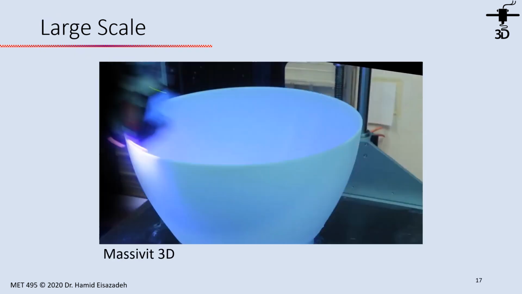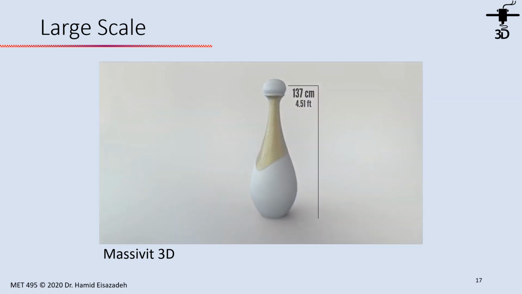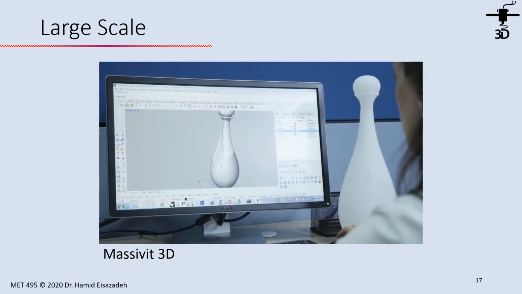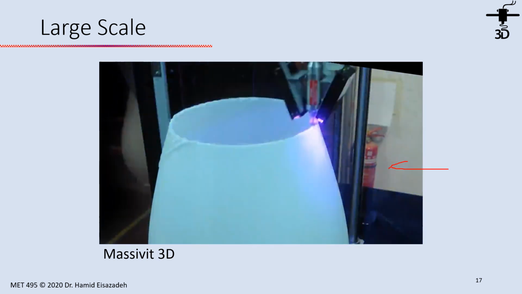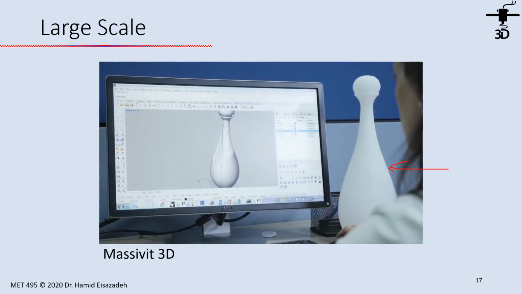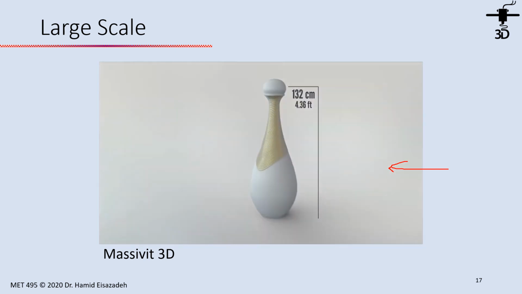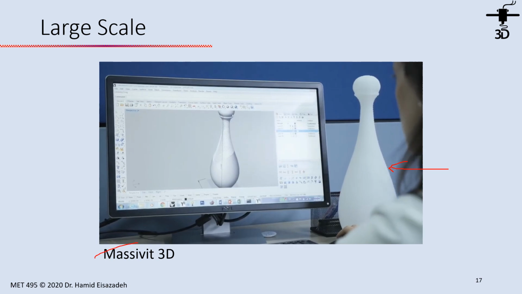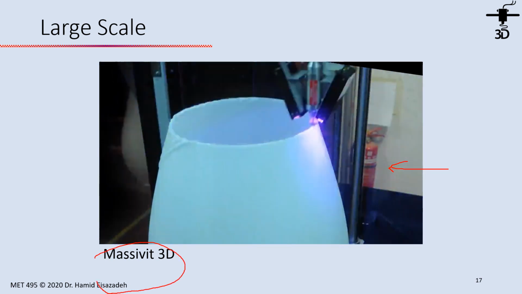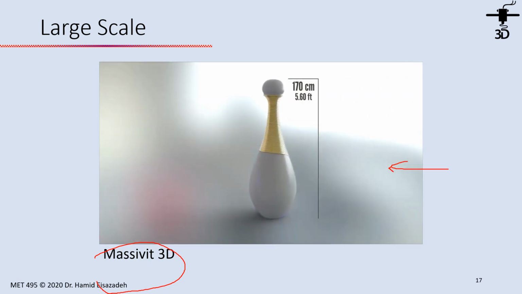And at the large scale, we're seeing variants of SLA being used to make objects that are taller than I am and even much larger. One company called Massivit 3D, which is based in Israel, makes large format printers for making a statue or an artifact.